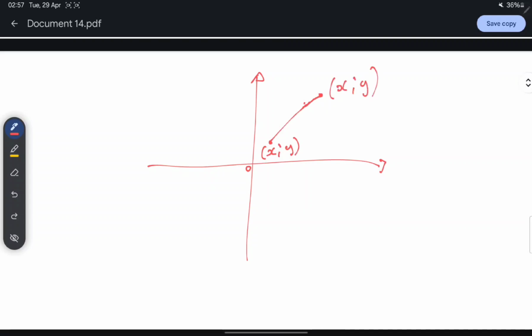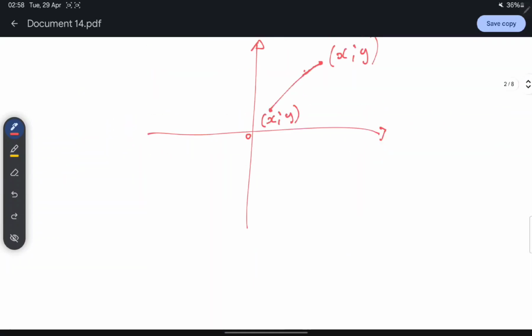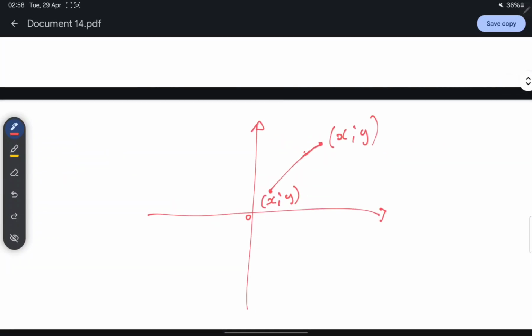You have to apply all these things because the shapes are made of lines. So a line has two coordinates. Let's say this is x1, y1. This is x2, y2. It is a straight line.